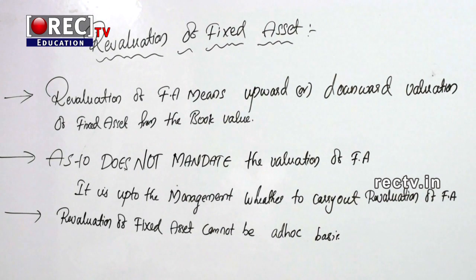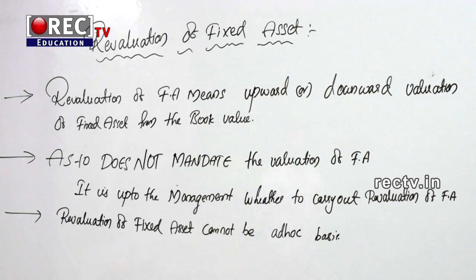It means you should not revalue only part of the assets and leave the other part not revalued. The ad hoc basis means the revaluation of fixed asset should be done for all the machineries and not selectively, and there should be a logic on selection of revaluation of assets.